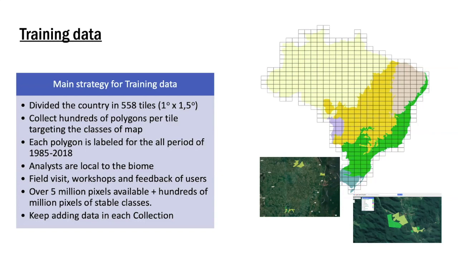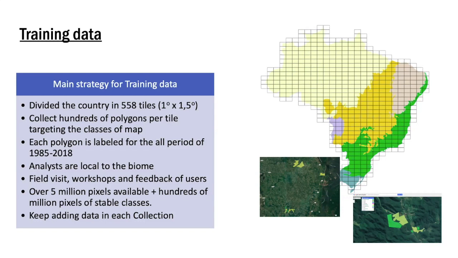This is actually the analyst choosing the classes that we are mapping on those tiles, and then creating those polygons that represent those classes. As they collect those polygons, they classify that over all the period of time that we have on the map.